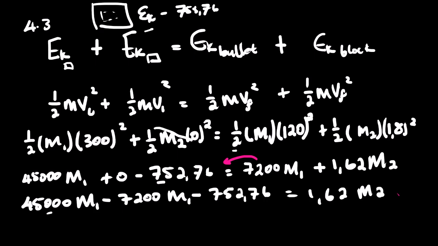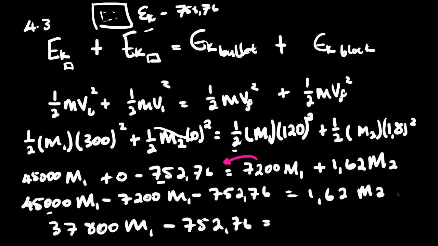And then from here we can simplify this. 45,000 m1 minus 7,200, we get 37,800 m1 minus 752.76 equals 1.62 m2.